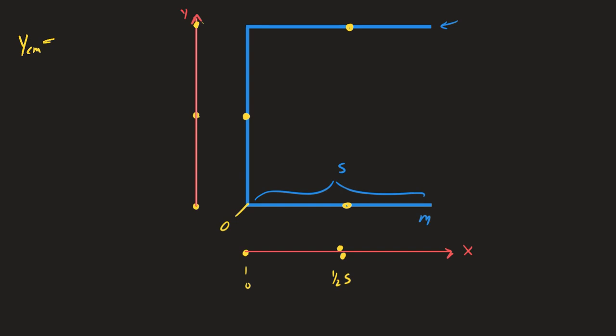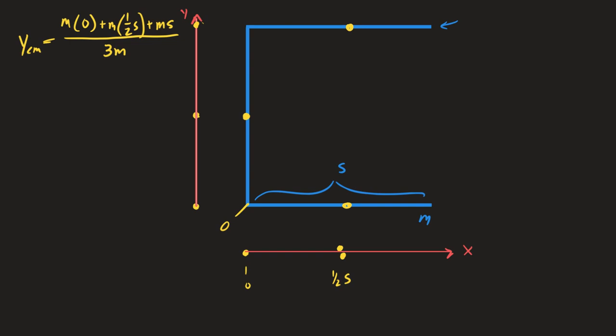But starting at the bottom, I have mass M at location 0, plus mass M at location 1/2 S, plus mass M at location S. Those are the 3 masses in the Y direction. 0, 1/2 S, S. Everybody okay on that? What's the total mass of the system? 3M. I have 3 masses.